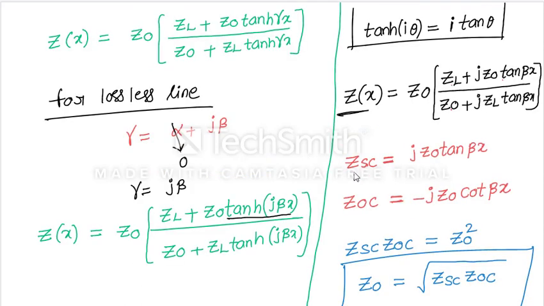Got it now? We have seen Z SC and Z OC. Tell me for the matched line what I can say. Matched line means ZL is equal to Z naught, then Z of x becomes Z naught, isn't it?